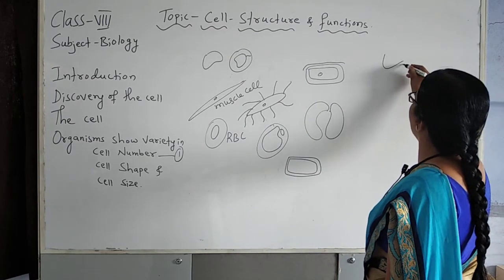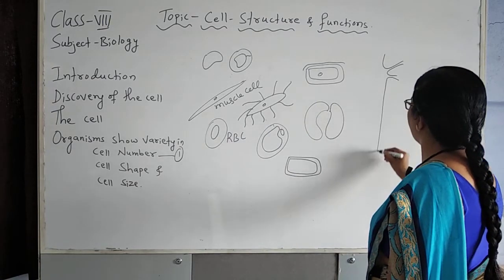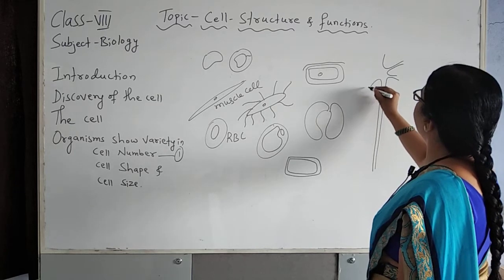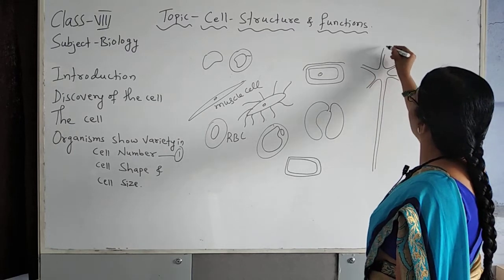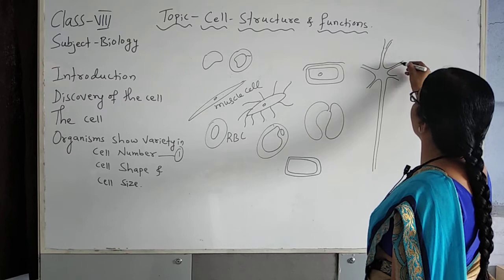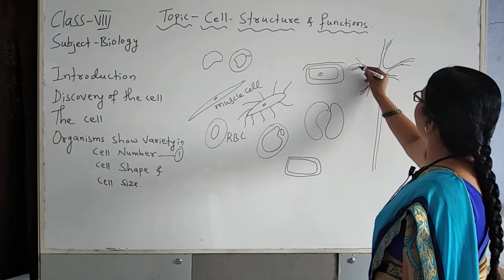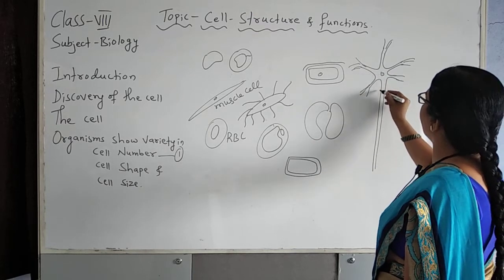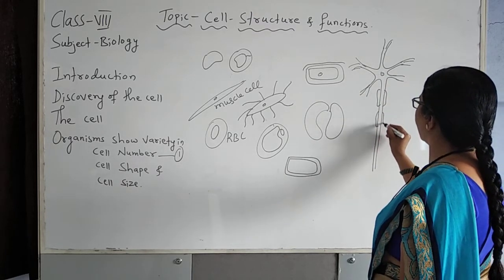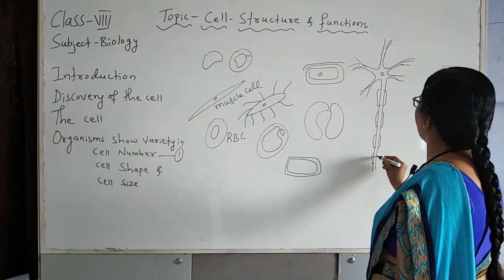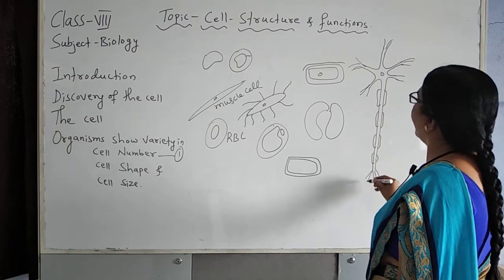Next, the nerve cell, the longest cell, with dendrites, axon and nerve ending.